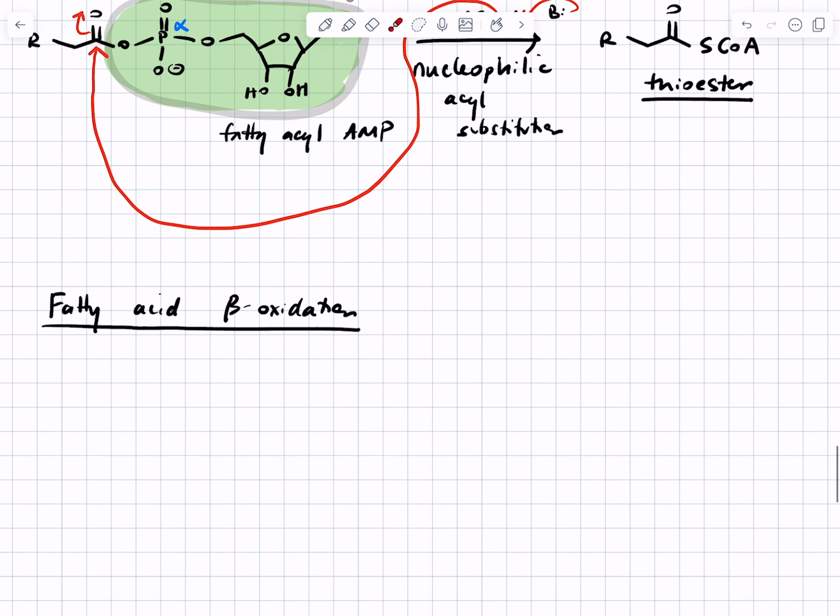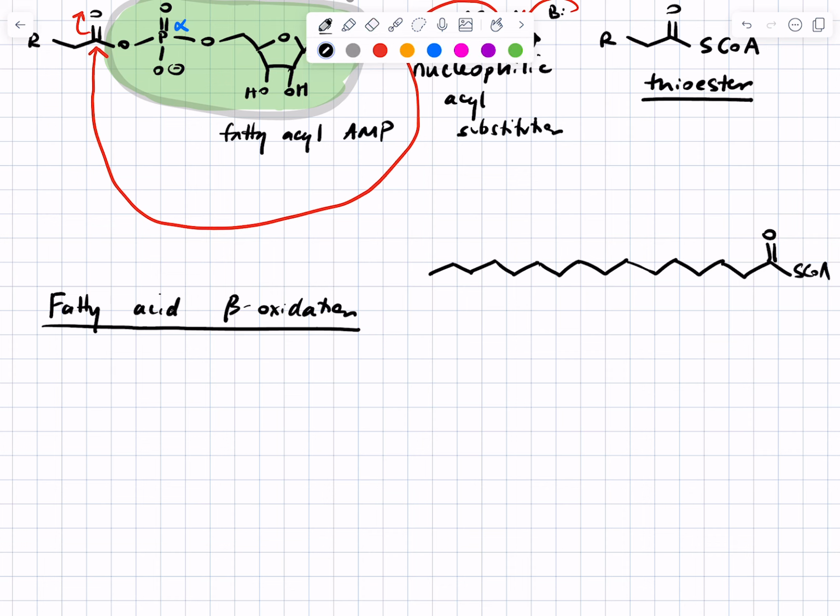So our goal in fatty acid beta oxidation, and I'm just going to draw, say, a 16 carbon, 2, 4, 6, 8, 10, 12, 14, 16, a 16 carbon fatty acid thioester.